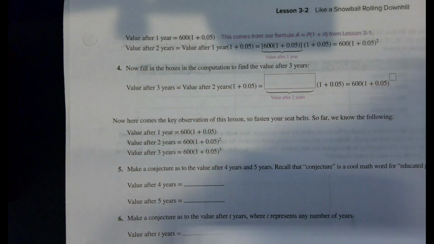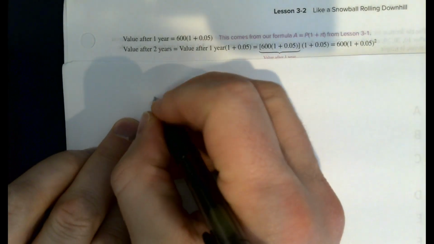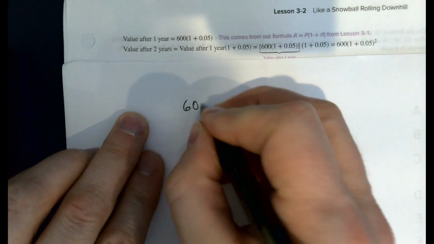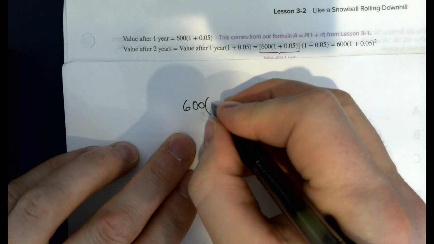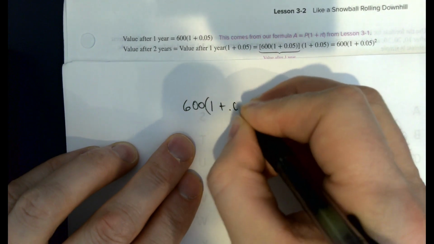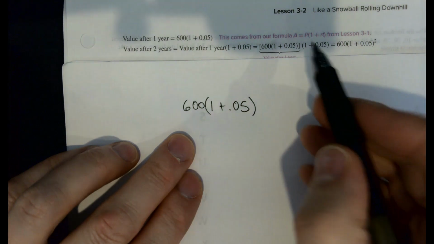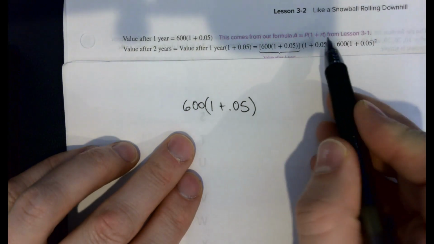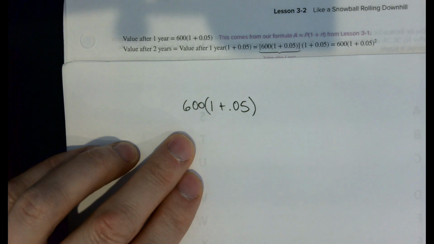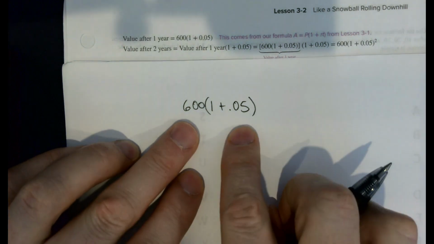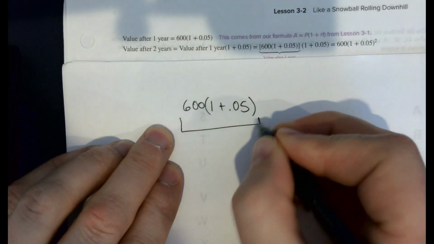We already did this in Unit 2. What we were doing is we were taking the value for year 1, and we were doing this 600 times 1 plus 0.05. Essentially, we were using this version of the simple interest formula. Well, then this was the year 1 amount.